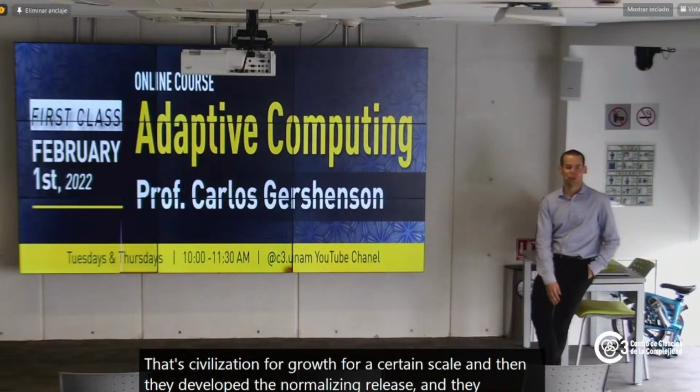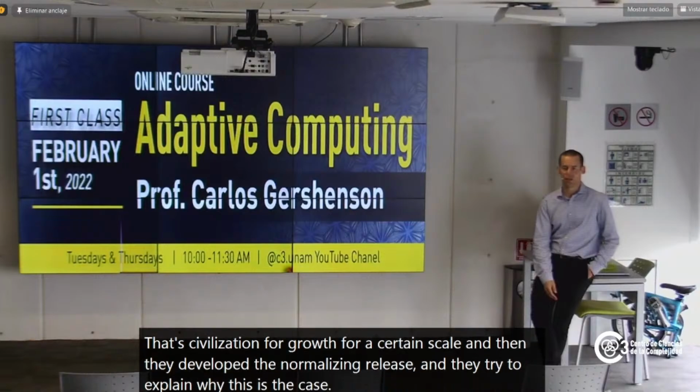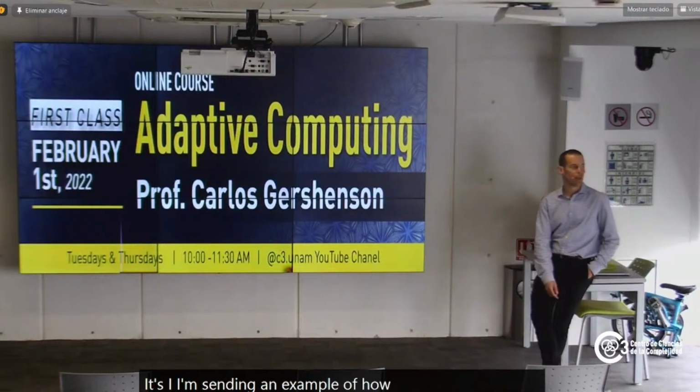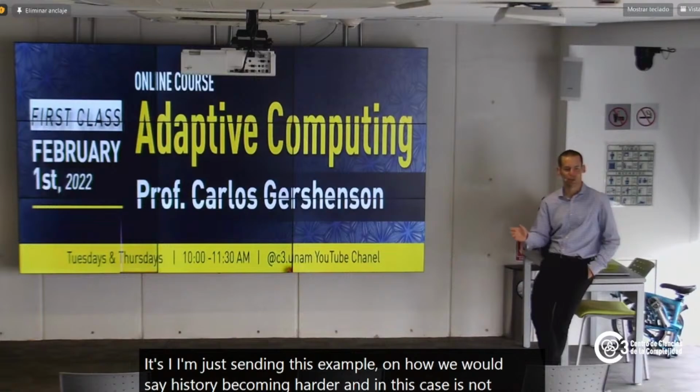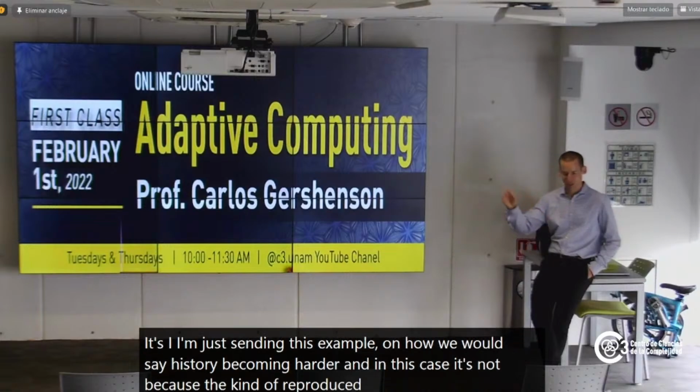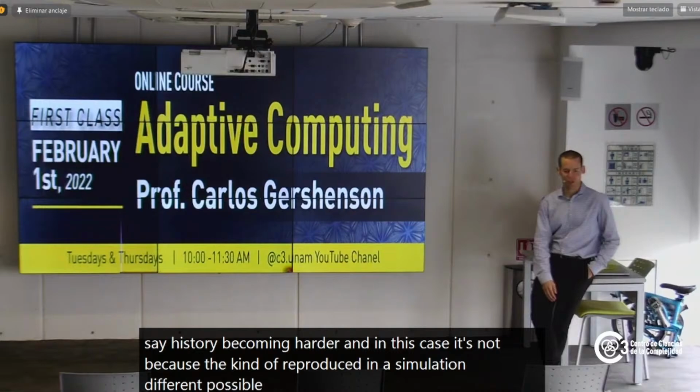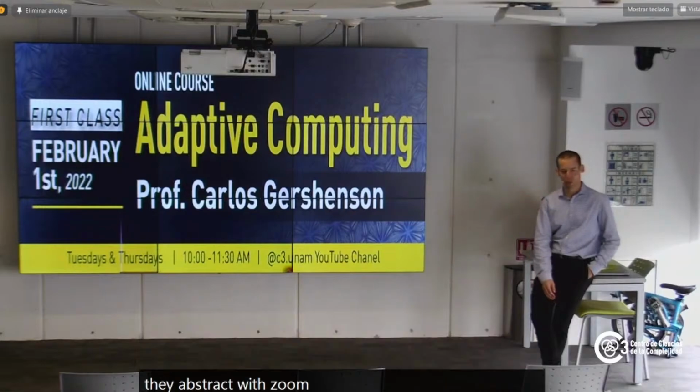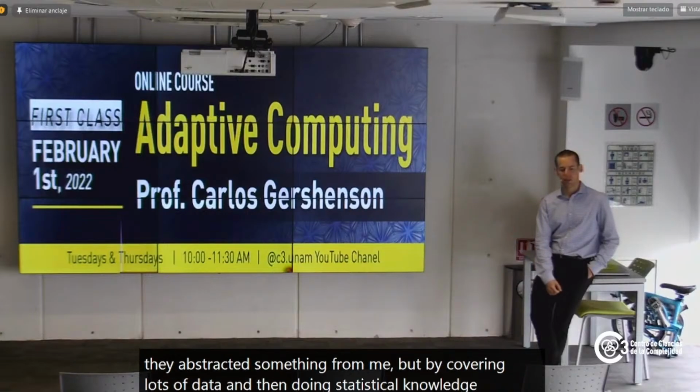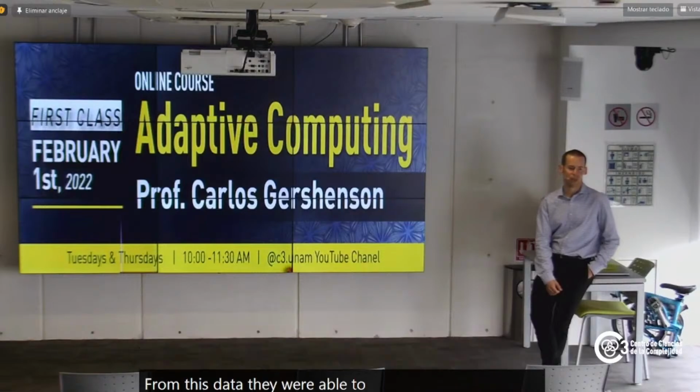And they try to explain why this is the case. But it's an interesting example of how we could say history is becoming harder. And in this case, it's not because they reproduce in a simulation different possible trajectories of history and abstracted something from it, but by gathering lots of data and then doing statistical analysis on this data, they were able to, not necessarily reproduce, but to have data with enough statistical significance to verify or falsify different theories.